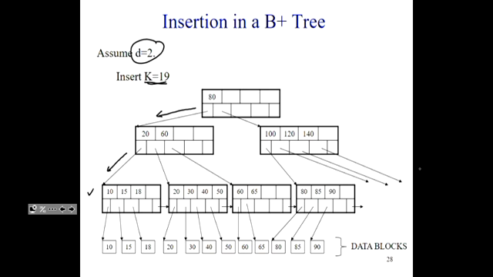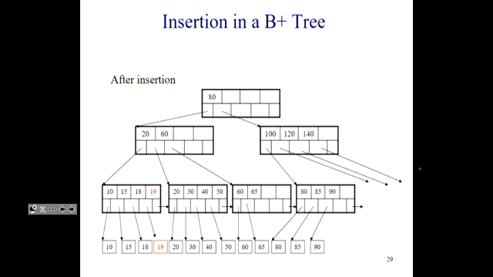This leaf has space, so I'm actually in good shape. I just need to insert 19 here, have a pointer to my new record 19, and I'm done. Okay, so this is the easy case, right? This is the easy case.